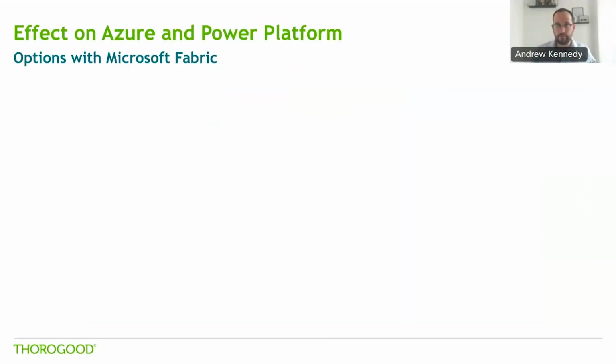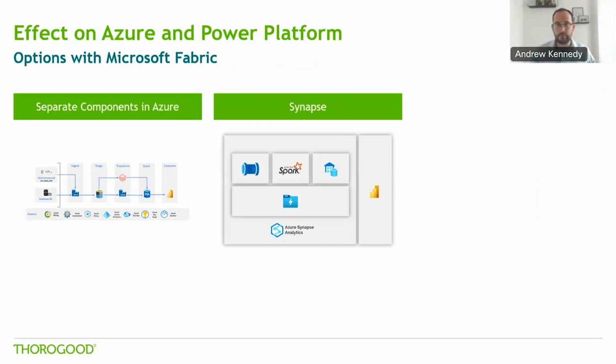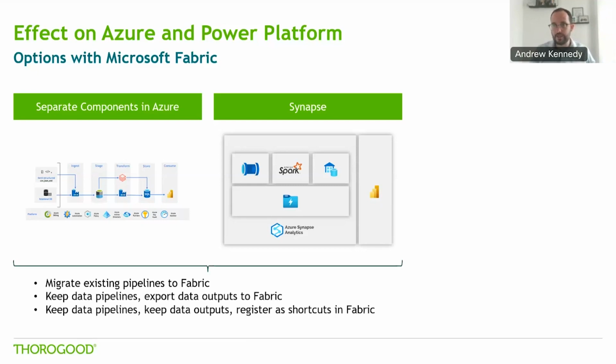So let's look at a couple of different scenarios. First off, the two scenarios we mentioned back at the start of the webcast. Either you've got a load of different tools, or you're already using a combined tool like Synapse, it could be Microsoft or another platform. Well, in those cases, one option, you could migrate everything into Fabric now that the capabilities are available there. Of course, like I say, you might decide you don't want to rip up everything you've got at the minute.